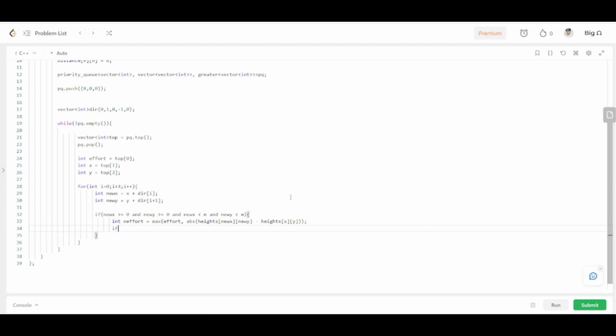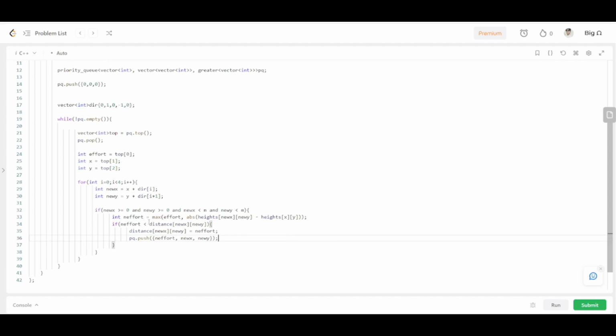And check if this new effort is better than the effort that we already have for the current cell, new x, new y, then update the distance for this new cell and push this cell along with the updated effort into the priority queue. New x, new y. Fine.